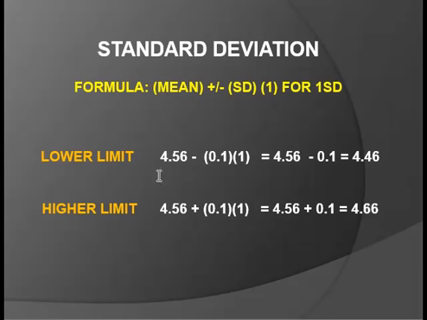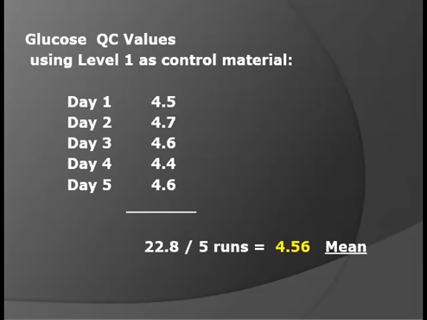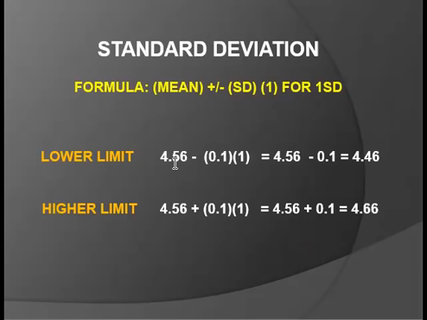Like for example, if you want to solve for a lower limit, kung i-base natin dito na example, ang mean niya is 4.56. So 4.56 ang isa-substitute mo sa formula, minus, lower limit man ang gina-solve. So minus yan ang gagamitin, minus 0.1 times 1.